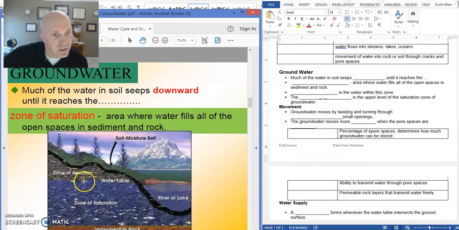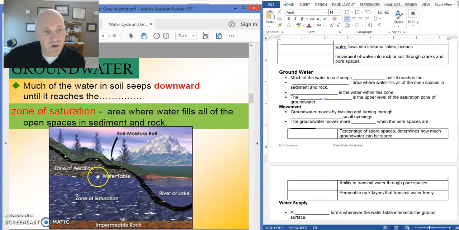And you're eventually going to get to a point where you've got the dirt and the sand, but you don't have water in between the particles, and that's what's called the zone of aeration. You'll notice that there's a boundary between the zone of aeration, where there is no water on a normal day, and the zone of saturation, where there is water on a normal day. And what you call that boundary is the water table.